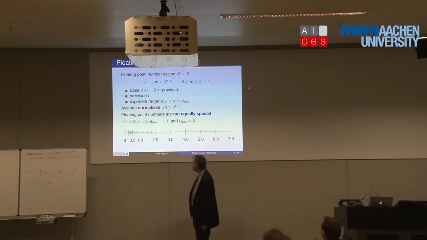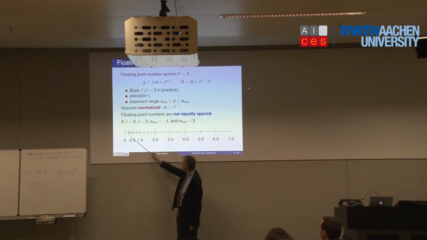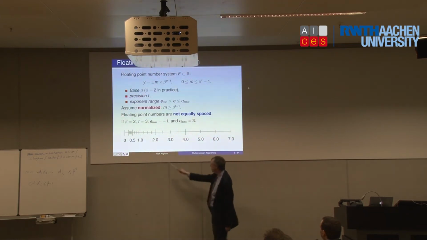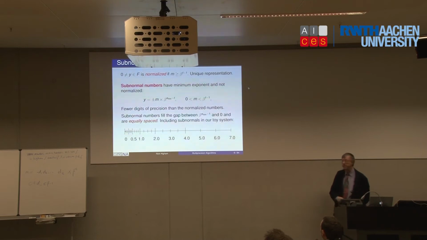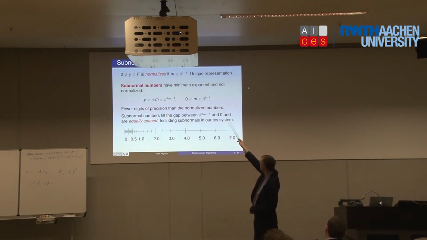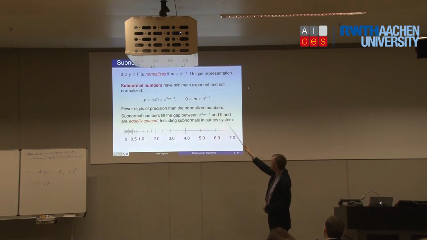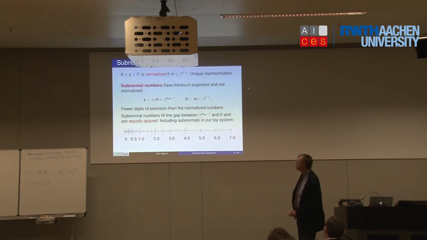And so underflow is when you do a computation and you get a result smaller than that, and you have to replace the answer by 0. A way of filling in that gap and getting some extra small numbers is the subnormal numbers. So remember, we said that F is normalized if there's a lower bound on this mantissa or significand M. But if we allow M to be smaller than that, we get these so-called subnormal numbers.